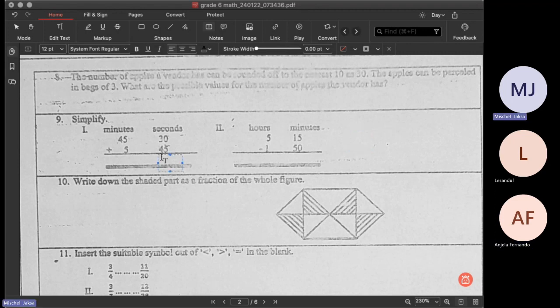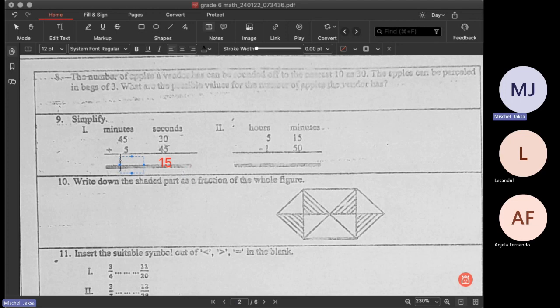No. Then what are we going to do? We are going to subtract 60 from 75. What is the remaining amount? 15. Well done. And then we are taking 60 seconds to the minutes column as 1 minute.